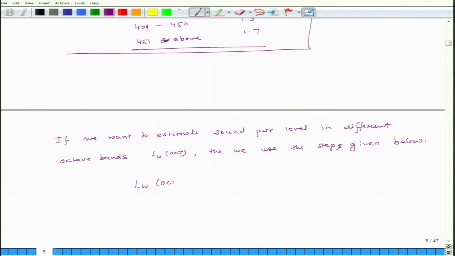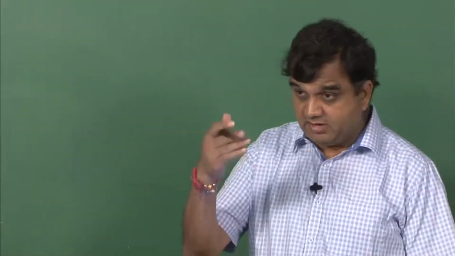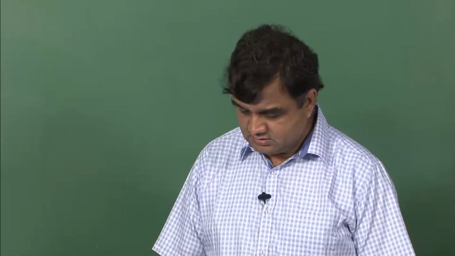LW oct. Now, these are different octave bands, and the industry standard octave bands which we have discussed are 63 hertz, 125, 250, 500, 1000, 2000, 4000, 8000. So, this LW oct will have 8 different values or it can be more if we are interested in more octave bands.